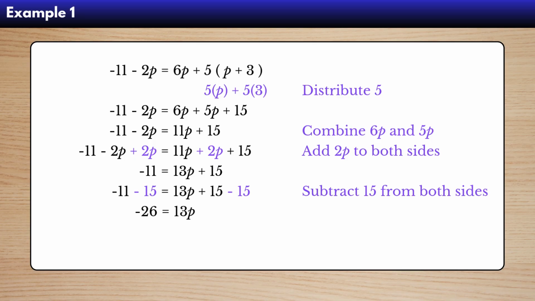To isolate p, we will divide both sides by 13, giving us p is equal to negative 2, because negative 26 divided by positive 13 divides evenly, and the quotient is negative 2, because a negative divided by a positive is a negative.